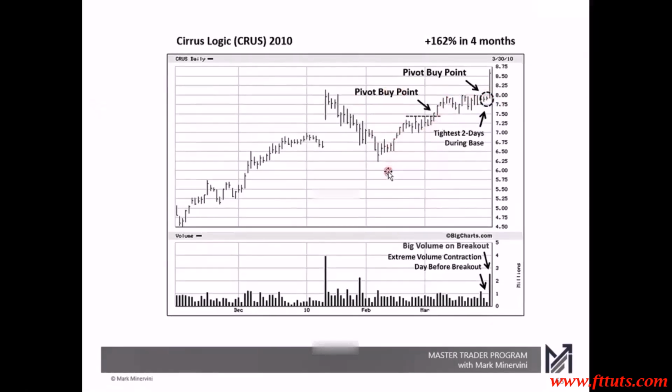I started off buying stocks coming out of these bases, and most of the time they were going into new high ground, and I was buying them off of cup with handle patterns, typical O'Neill type trades coming out of big cup with handles. And I started to notice that there was another little handle that was forming, and what looked like a buy point within the base, sometimes earlier and a little lower than the handle.